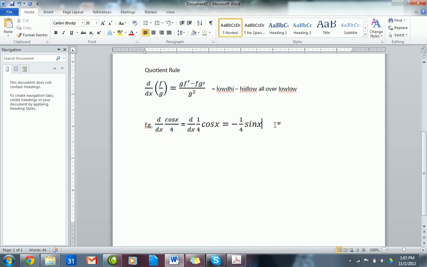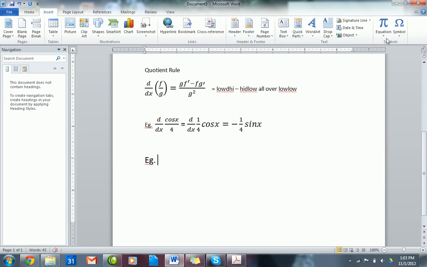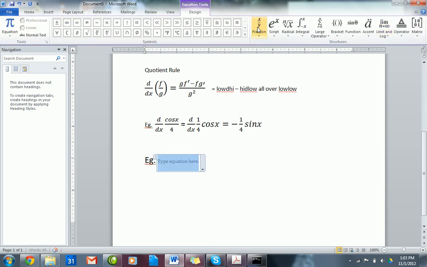But what if I ask you a very similar problem, to differentiate cosine of x over, let's say, 4x squared? Then it becomes a whole different ball game. So now let's find the derivative with respect to x of cosine x over 4x squared.